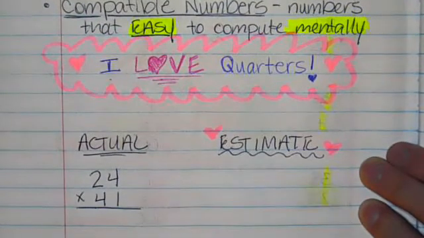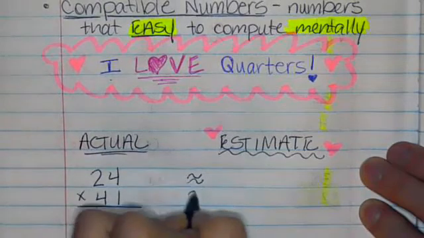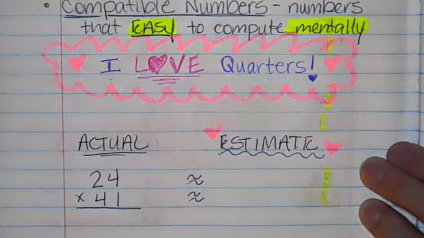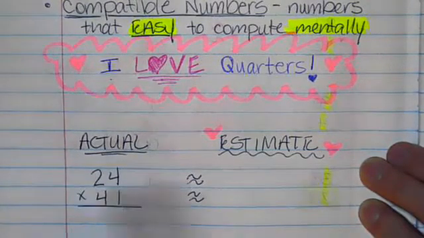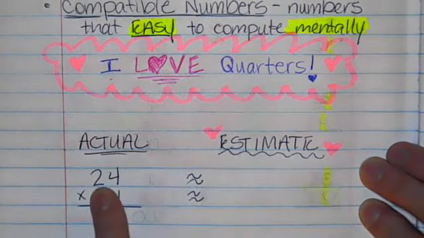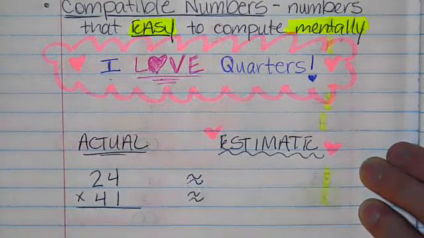So I'm going to have to estimate both of my amounts, both 24 and 41. And remember, we're estimating to compatible numbers. So I'm going to take 24 and estimate that to a compatible number. 24 is close to 25. It is, in fact, just one number away, right?